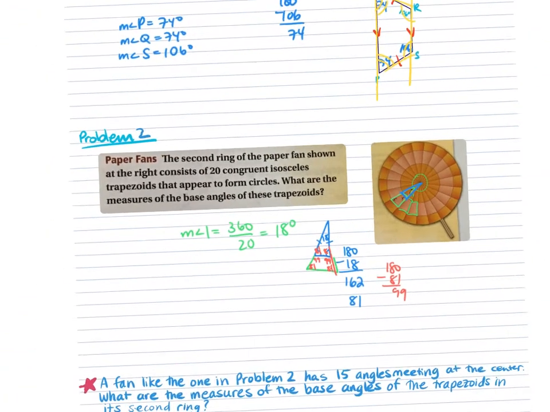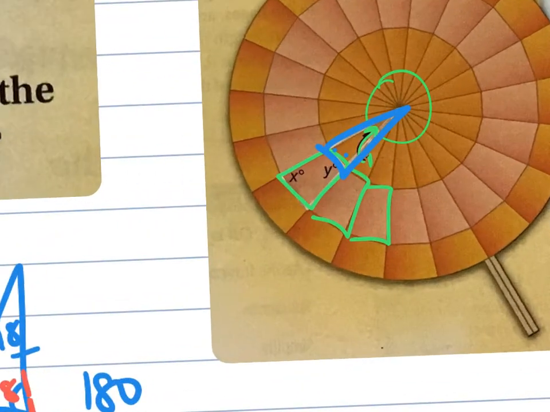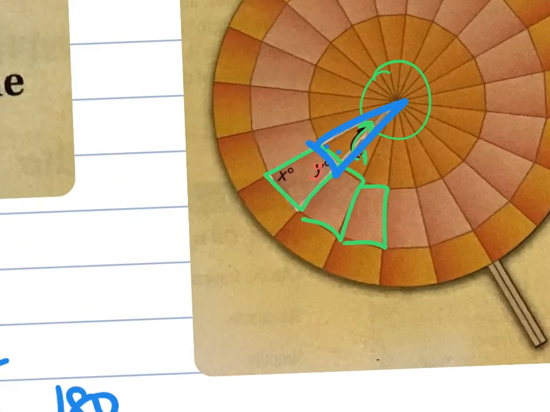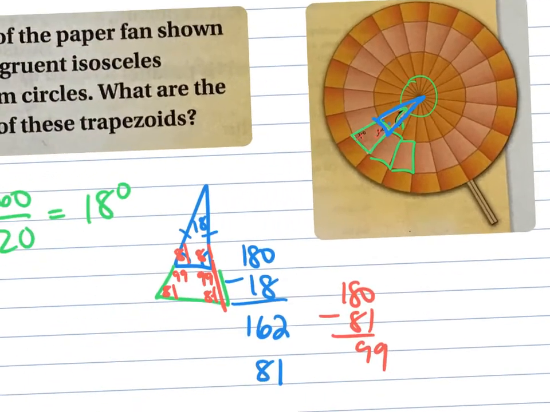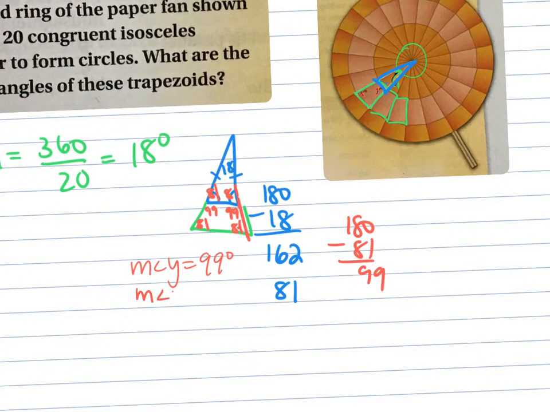All right, so what are the measures of the base angles of this trapezoid? We're looking for y and x. So my measure of angle y is 99, and measure of angle x is 81.